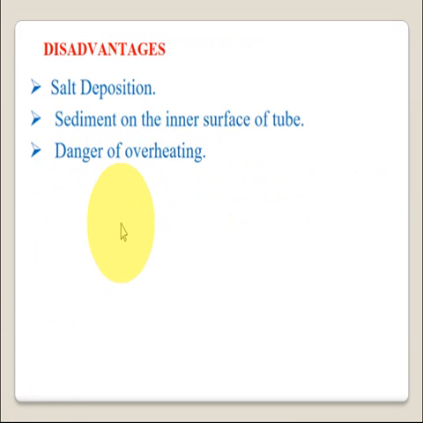These are the advantages, and the disadvantages are that the feed water enters the tube and is converted into superheated steam.